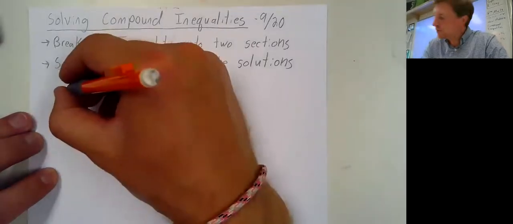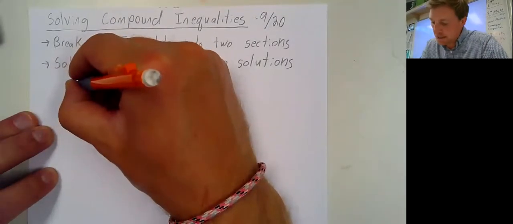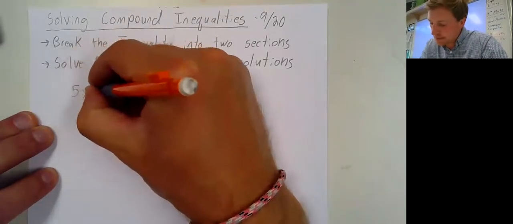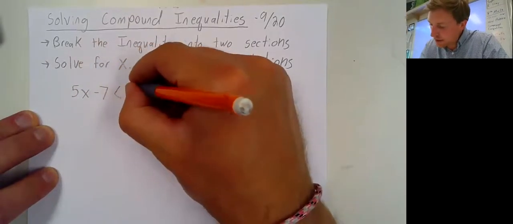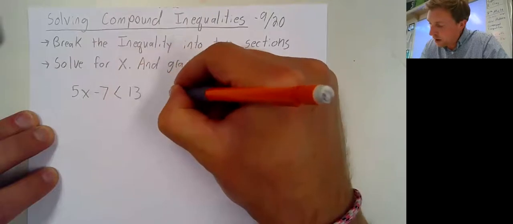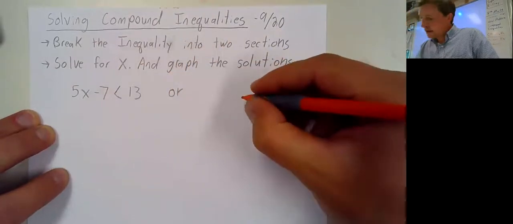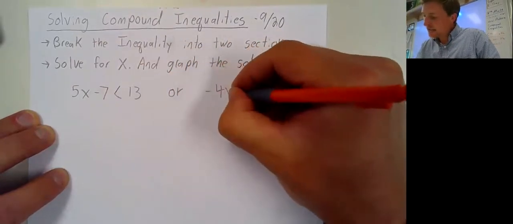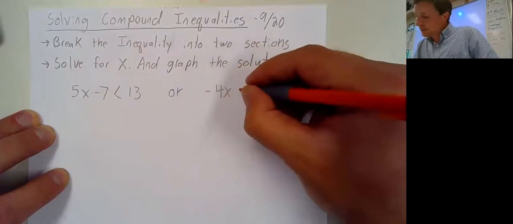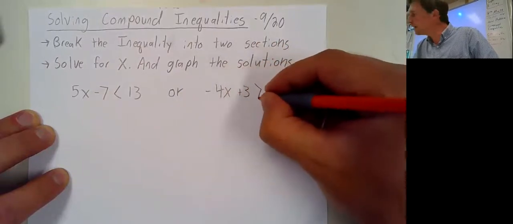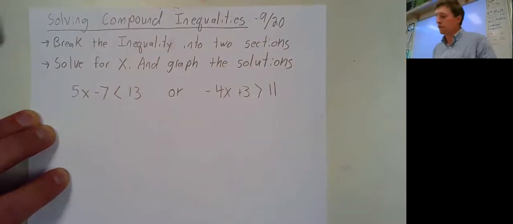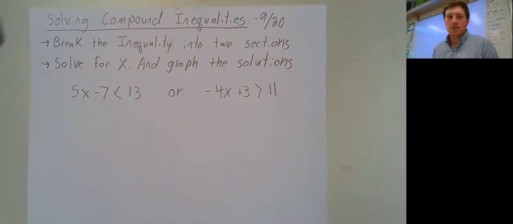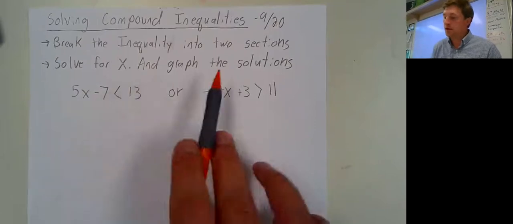So our first one that we're going to solve is 5x minus 7 is less than 13, or negative 4x plus 3 is greater than 11. Cool. Now, lucky for us, as I said, we need to break up into two sections.